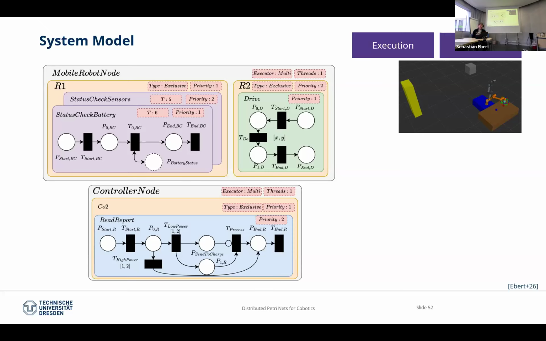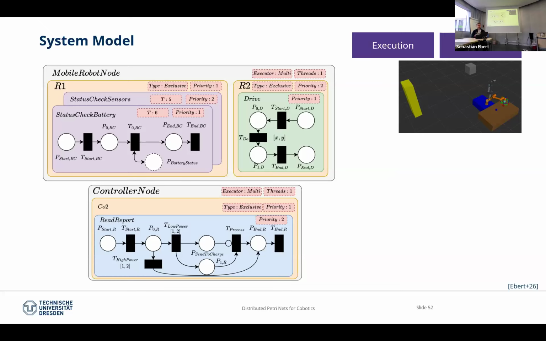They share a common structure: essentially timers and subscribers always have a starting place and any transition, and all servers have a starting place and the ending place. So that's basically the constraints that we have on modeling there to keep it in the format of a ROS application.